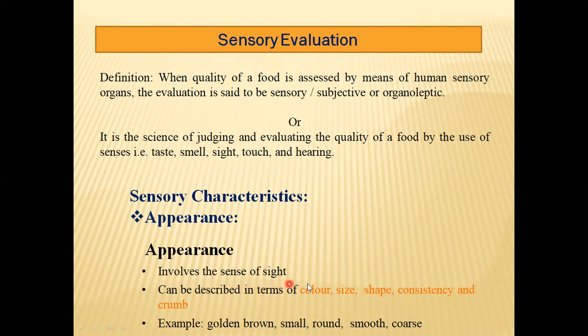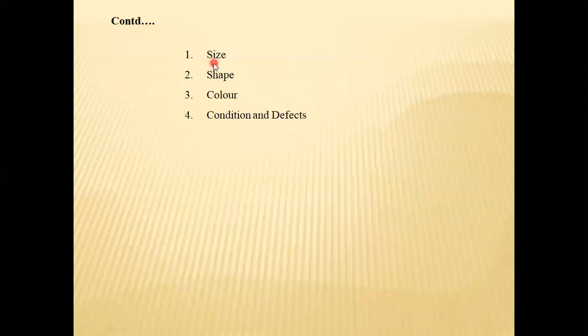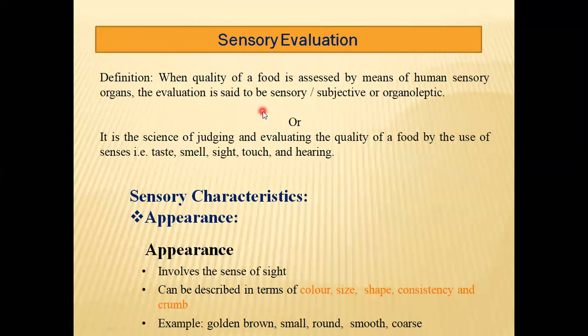Different colors, shape, size and consistency are analyzed by our sense of sight. Here, the different size, shape, color, condition and defects of that particular food material come under the sensory characteristic, that is, under appearance.